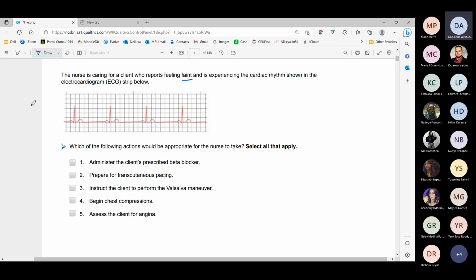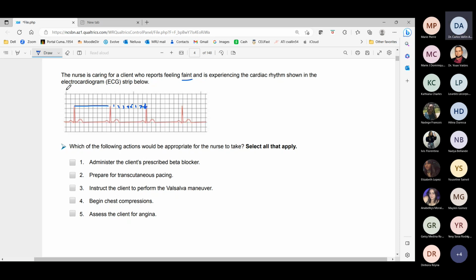What we see here is P, QRS, and T. Yes, we see that, so we have P waves, so it is a sinus rhythm. But what we notice is that they are very separated. We can count 1, 2, 3, 4, 5, 6, 7, and 8 boxes separating them.